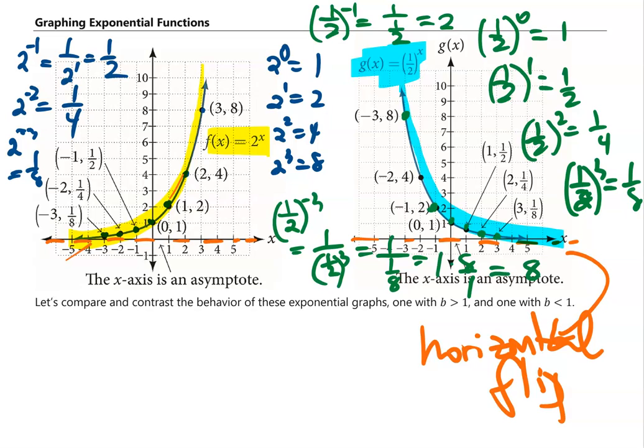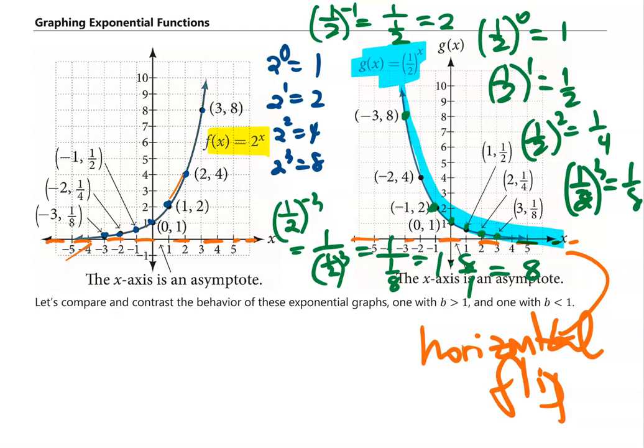So look at your yellow here. A horizontal flip is going to be just like this, your g of x.